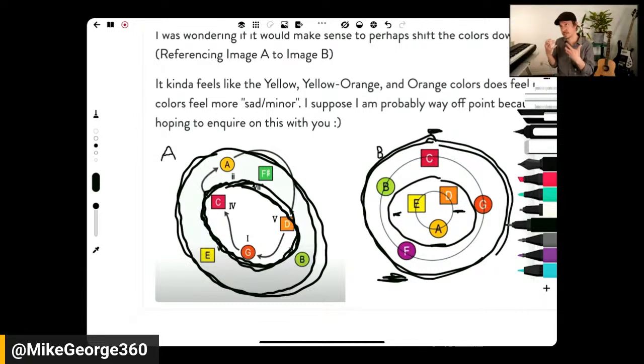It's a point that brings up a great clarification that's needed, which is that the colors, and I have an answer to this on the post, but just for conversation here, when we talk about consonance between chords, this inner ring of consonance is not describing the colors per se, it's describing the harmonious relationships between those chords.